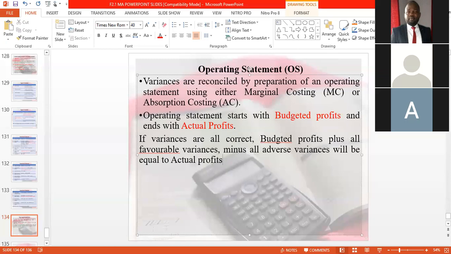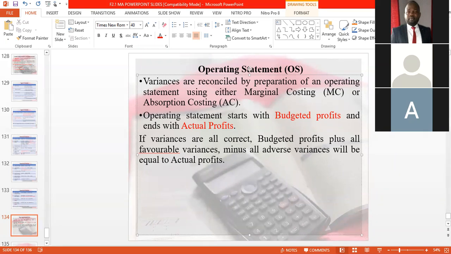Take note of that. That is very important. If variances are correct, budgeted profits plus all favorable variances minus all adverse variances will be equal to actual profits. I hope we are together there.